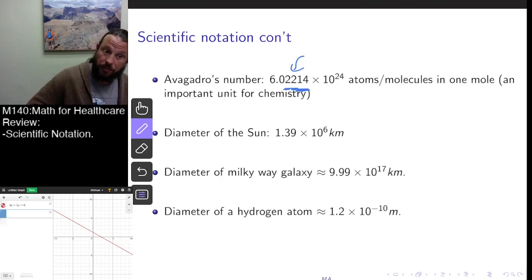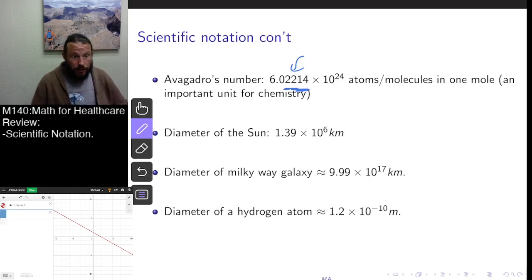Okay, we expect that to be bigger than the sun, right? The diameter of a hydrogen atom, now we're on the very small side, is 1.2 times 10 to the negative 10th meters. Good. So those are some numbers. They come up. All right, it's a useful way for dealing with these large and small numbers.